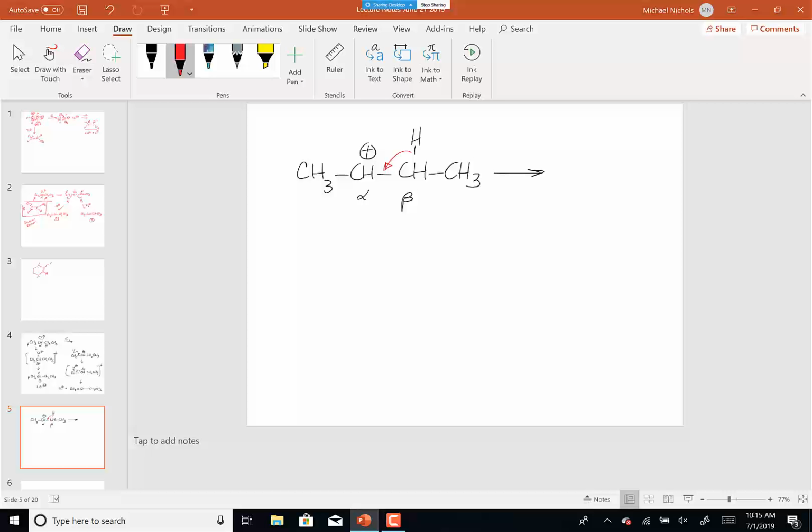And then your transition state would have a partial double bond to that carbon, the partial bond to the hydrogen breaking, a delta positive on the hydrogen and delta positive on that carbon that was the carbocation.